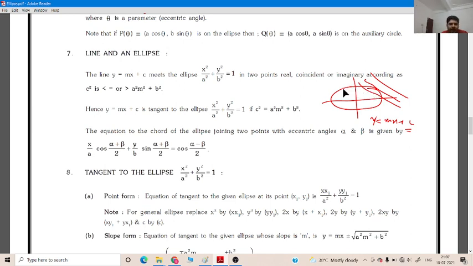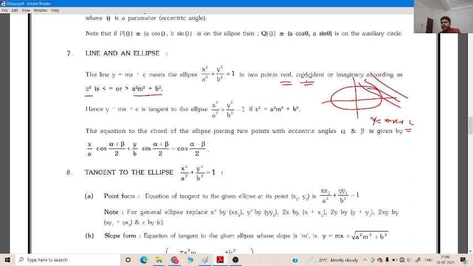With the help of the discriminant condition, you have these three results: c squared is less than a squared m squared plus b squared, c squared equal to this, and c squared greater than this. If c squared is less than a squared m squared plus b squared, the points are real, that means the line intersects. If equal, the points coincide, that means the line touches the ellipse.